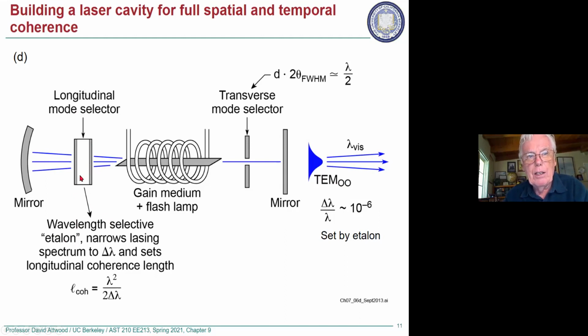And depending on the separation between the two, you can narrow the spectral bandwidth by another order of magnitude. So sometimes if you really want a long coherence length, you'll put an etalon in to get longer coherence length, or just because you want to narrow a bandwidth.